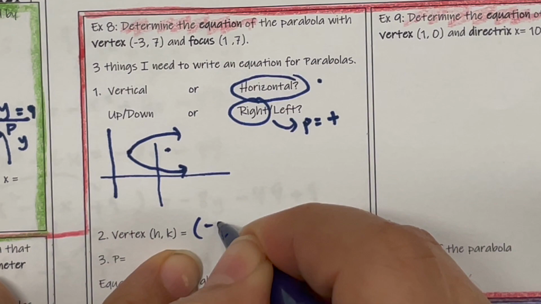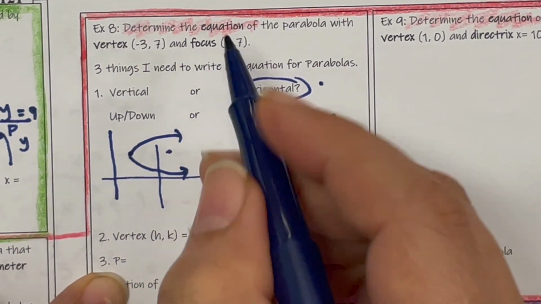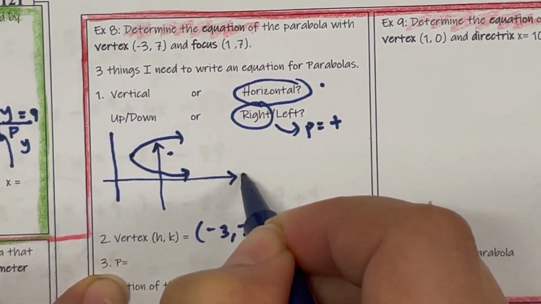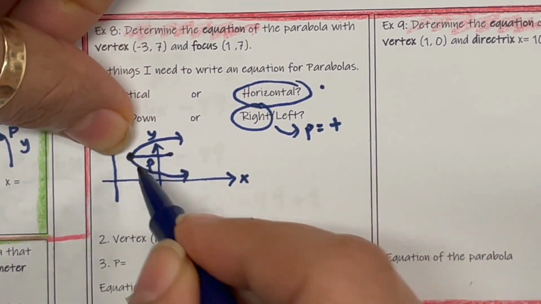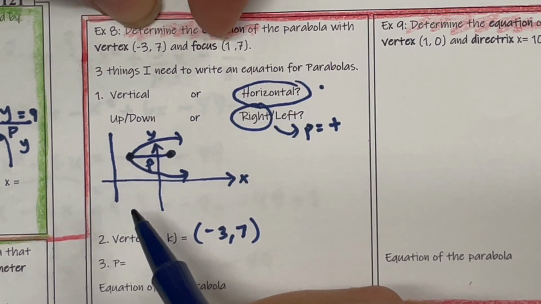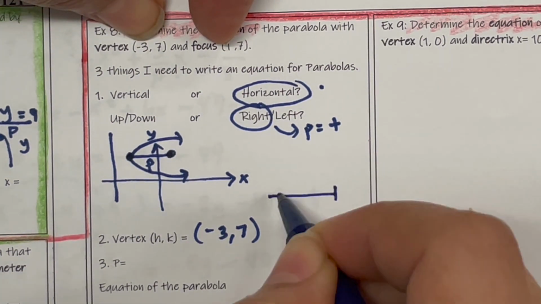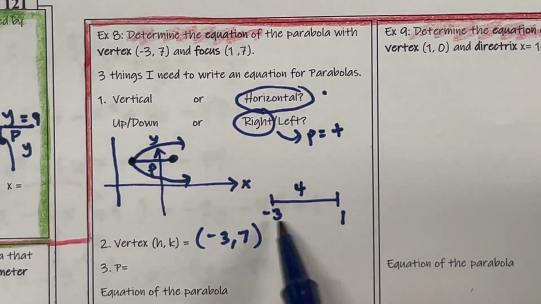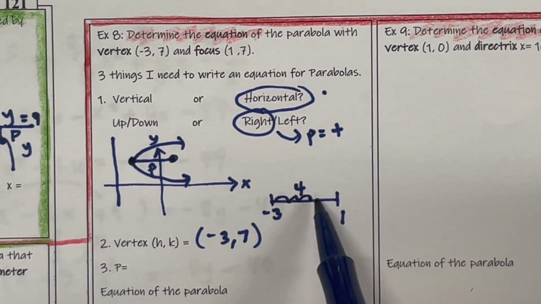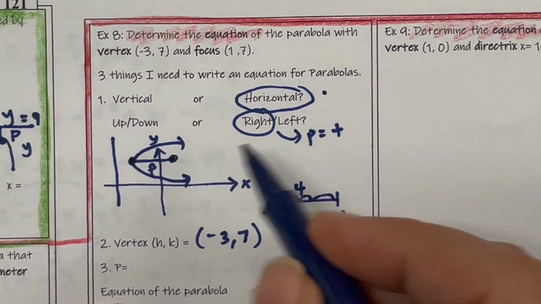What's the vertex? They gave it to you. What's P? The distance from the vertex to the focus. You can either count in the x direction or use the distance formula. I'm going to count from -3 to 1, which is 4. I start at -3 in the x, go to the focus at 1, a distance of 4.